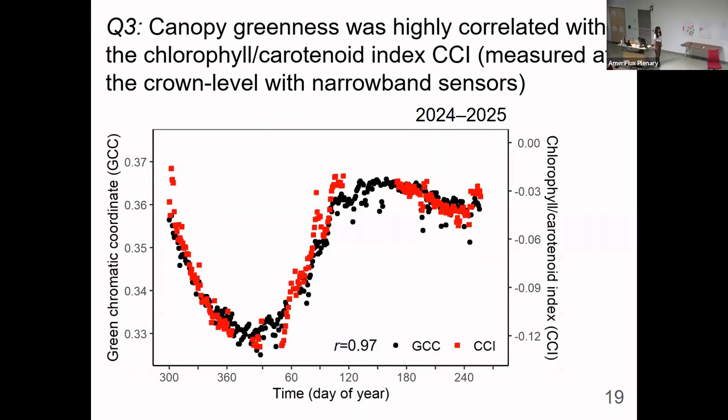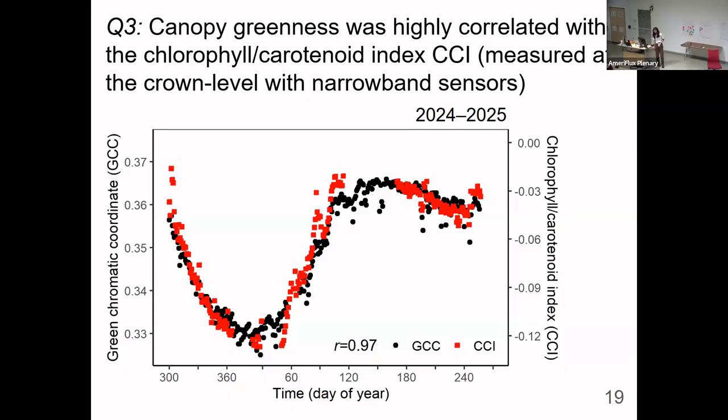And moving on to my third and final question, we found that canopy greenness calculated from the camera images was highly correlated with this chlorophyll carotenoid index, which we measured at the crown level with narrowband sensors.